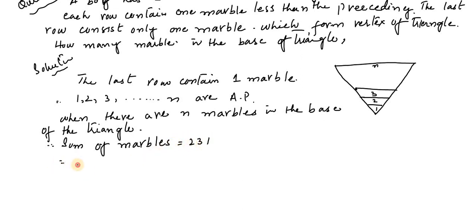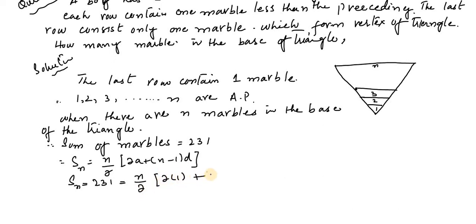We know that the sum of n terms is equal to n upon 2 times (2a plus (n minus 1) d). So Sn is given as 231, so 231 is equal to n upon 2.